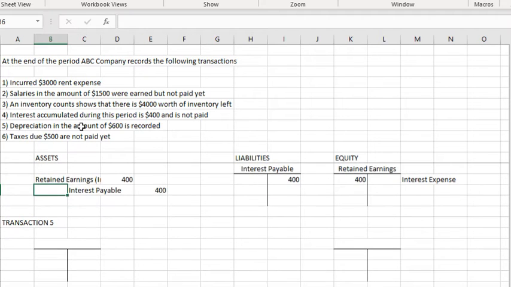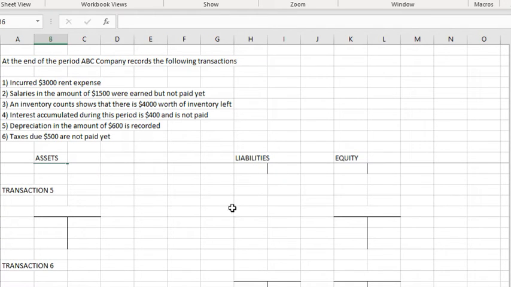Okay, in transaction 5, what we are having is a depreciation. We are going to have a whole section about the depreciation, so you don't have to worry about how to calculate it now. All you need to know is it's an expense, so first of all it's going to reduce retained earnings, and that amount is $600.